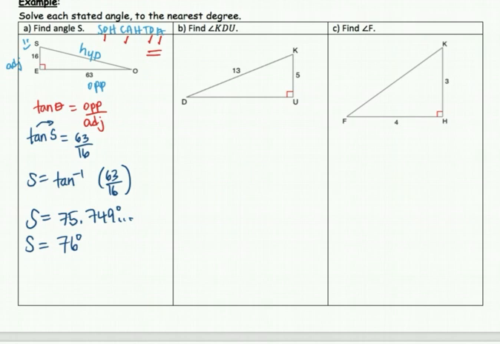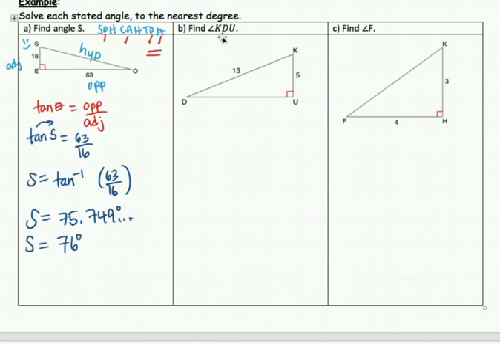All right, for this next one here, I purposely made the instructions slightly different. The A was find the angle S. B is find, it's like this, what's the symbol? It's an angle, right? KDU. So what angle is that? It's saying all the letters of the triangle.